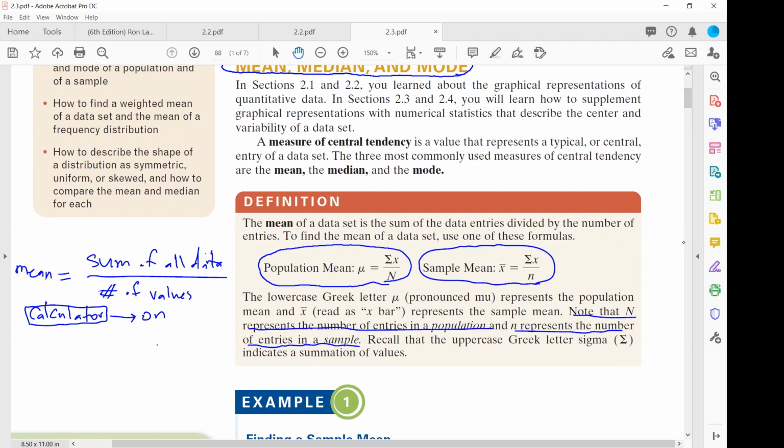Then go to Stat, go to Edit, then you see some columns, L1, L2, L3. Suppose you're using L1. Enter all of the numbers in L1.